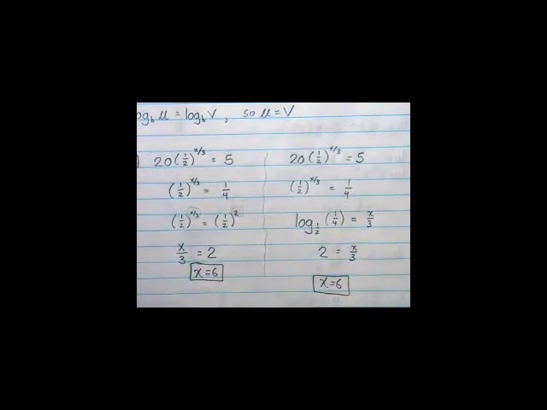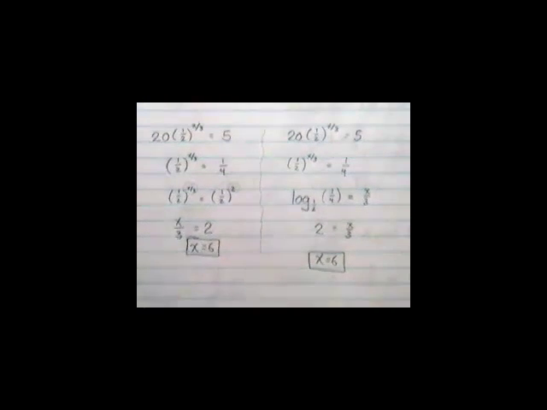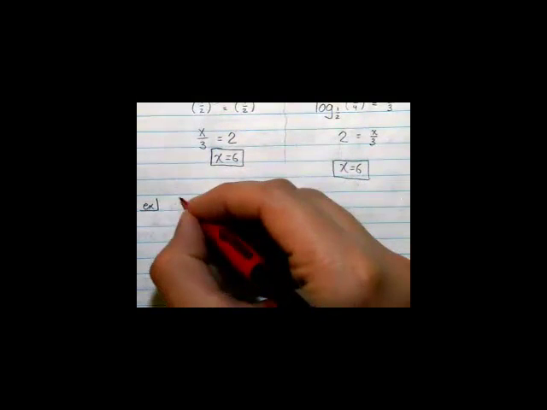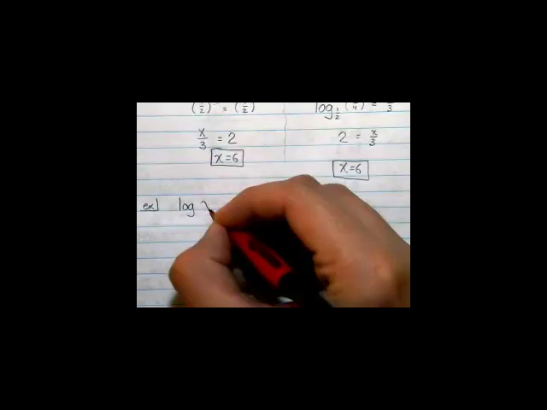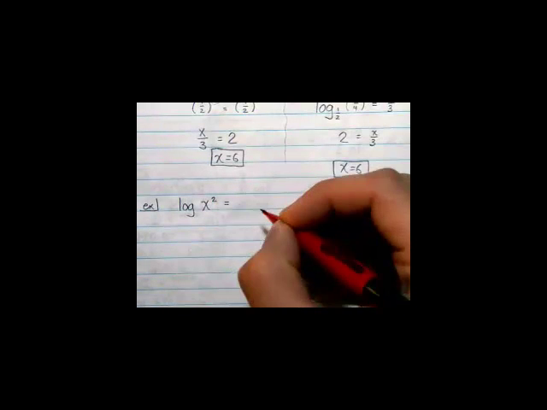Let's do another one. This one will be with a log to start with, and see if we can use one of these one-to-one properties to do kind of the same thing. So let's say we've got log of x squared equals 2.